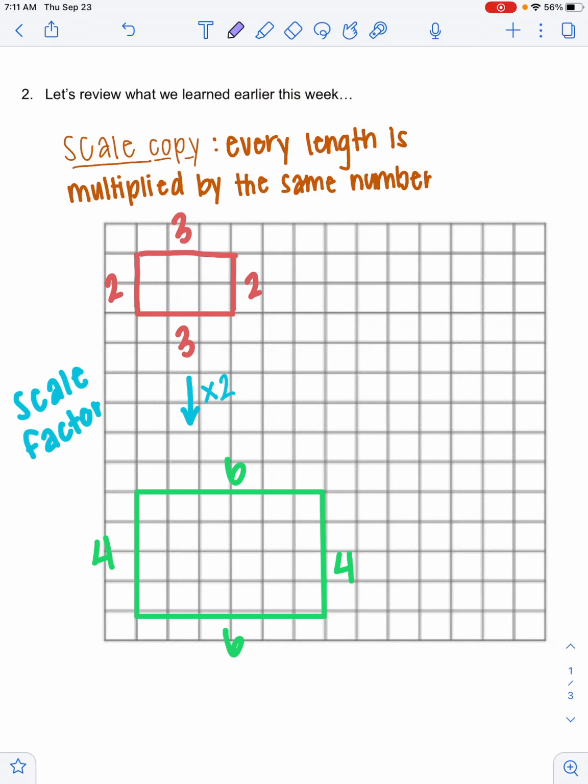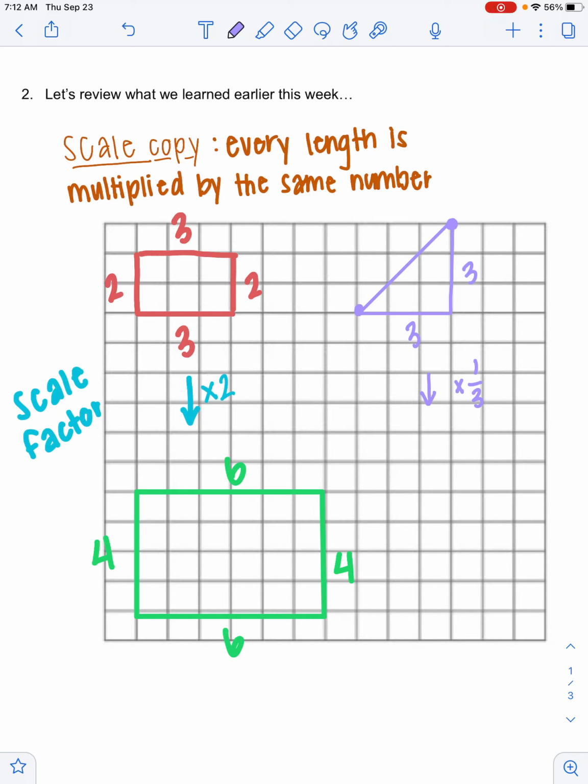For example, let's say I have a right triangle where both sides are 3. Even though I don't know what the diagonal side is, I'll be able to produce a scaled copy by scaling the 3, 3 sides and then connecting this point to this point. So let's say that my scale factor is 1/3, so times 1/3.